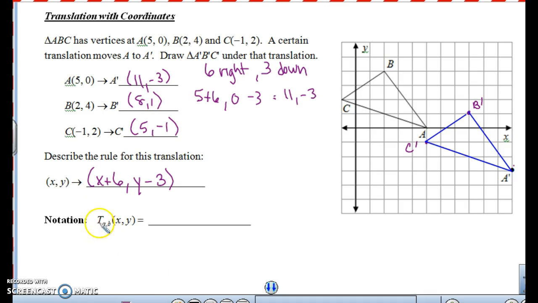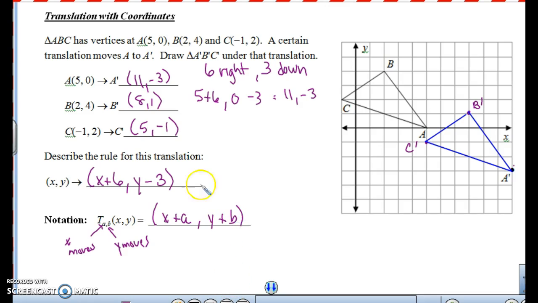So, the notation for a translation. You usually see a capital T and then these lowercase a and b here. The a is telling you how x moves, and b is telling you how y moves. And you always add the coordinates. So T of a, b of (x, y) means to take the point x and add a to it, and then take the point y and add b to it.